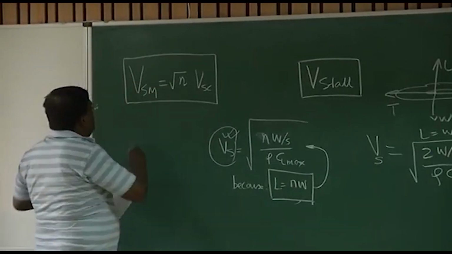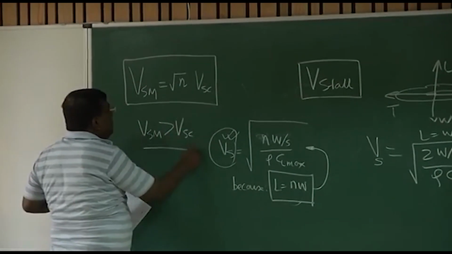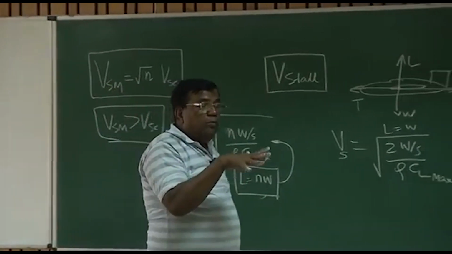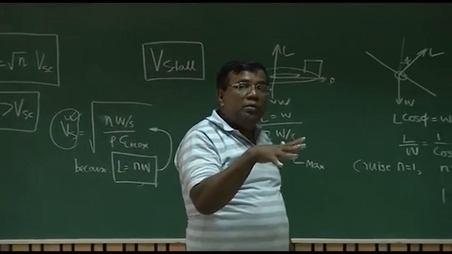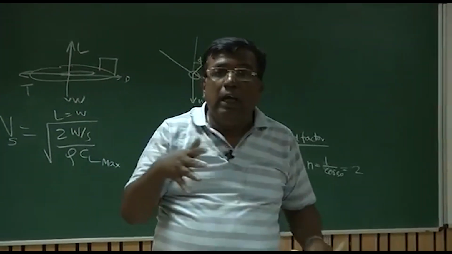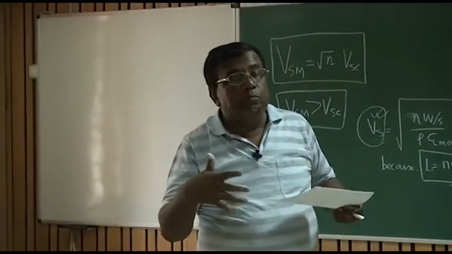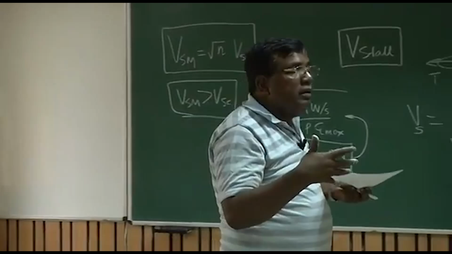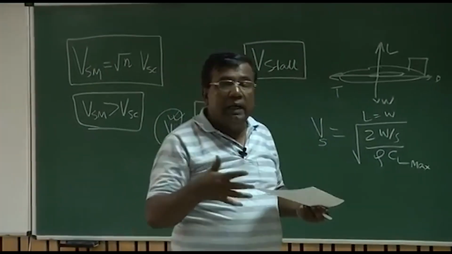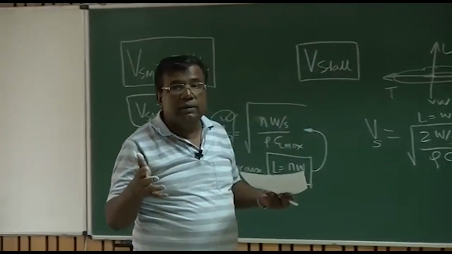So VSM is greater than Vs cruise. That means when I am trying to bank and turn, my minimum speed to maintain that maneuver will be more, and my engine must have enough power. Or if I am already at the threshold of engine power, then I should have enough lift to produce that load factor.